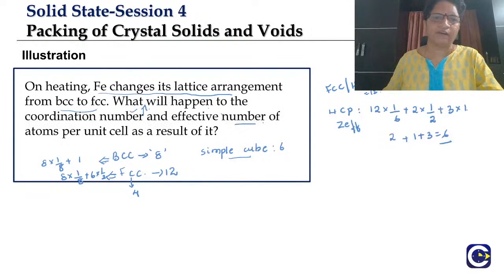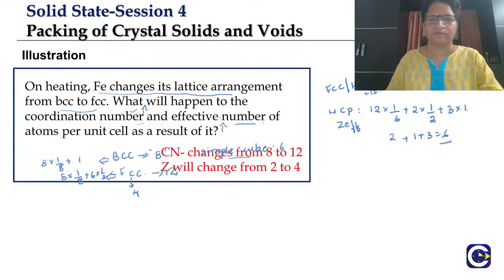What will happen to the coordination number? Coordination number is increasing and effective number of atoms per unit cell as a result will also increase. Coordination number changes from 8 to 12. Effective number of atoms changes from 2 to 4. Right? Got that?